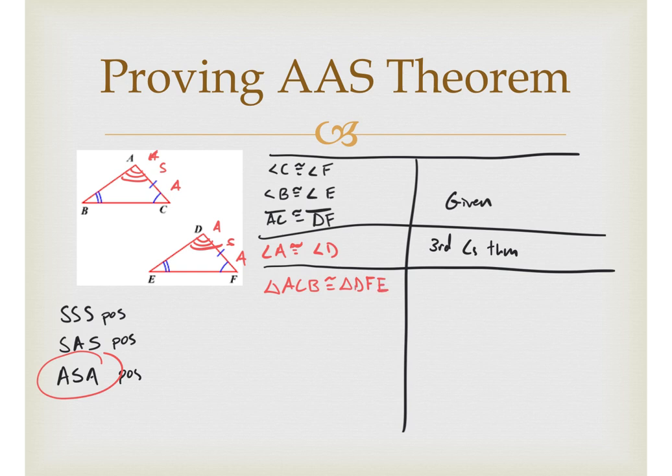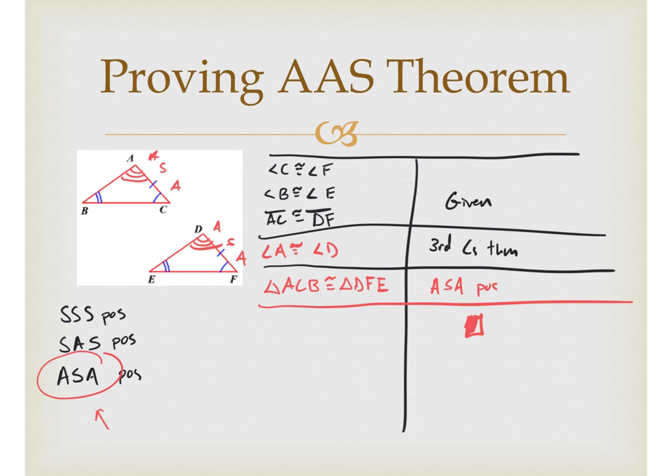If those names don't match, then you will lose points because you didn't name the triangles correctly and the corresponding pieces don't match up. Now, the reason this is true is because of my postulate: angle, side, angle postulate.